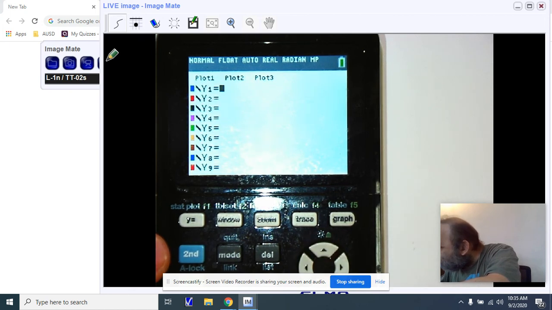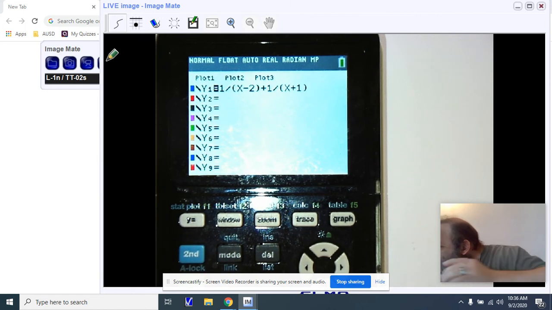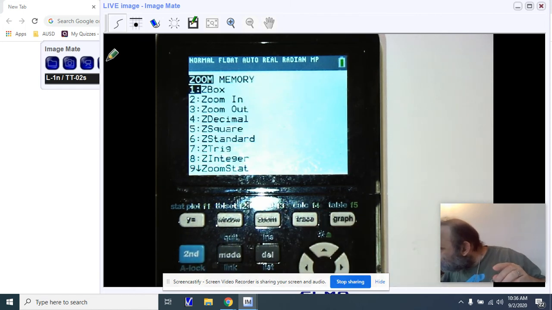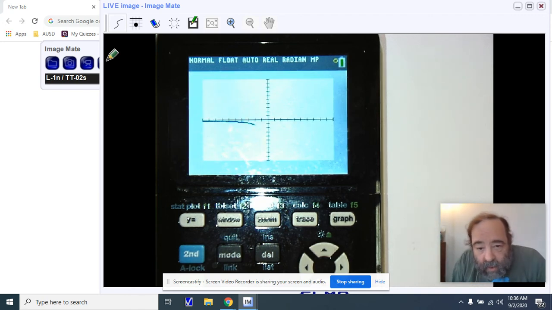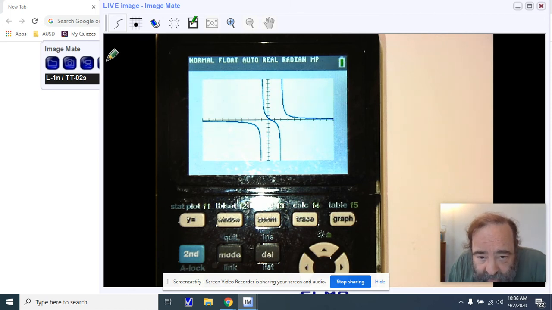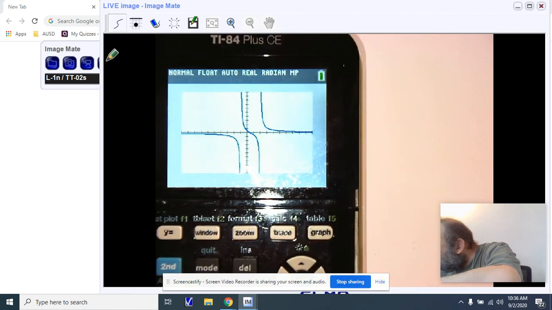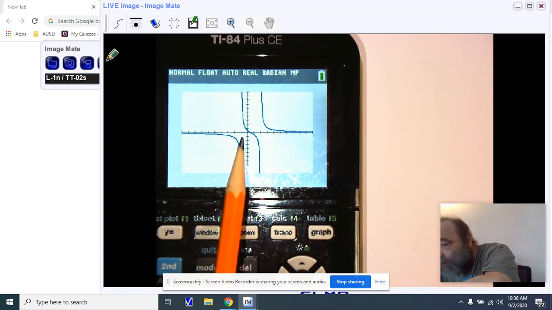Here we go. 1 divided by, notice the parentheses around the x minus 2, plus 1 divided by, parentheses around the x plus 1. Now when I do zoom 6, I should see the reciprocal function, which I do, and you'll notice that cubic in the middle. Be aware this is a classic rational function, and we are trying to find this x-intercept right here.